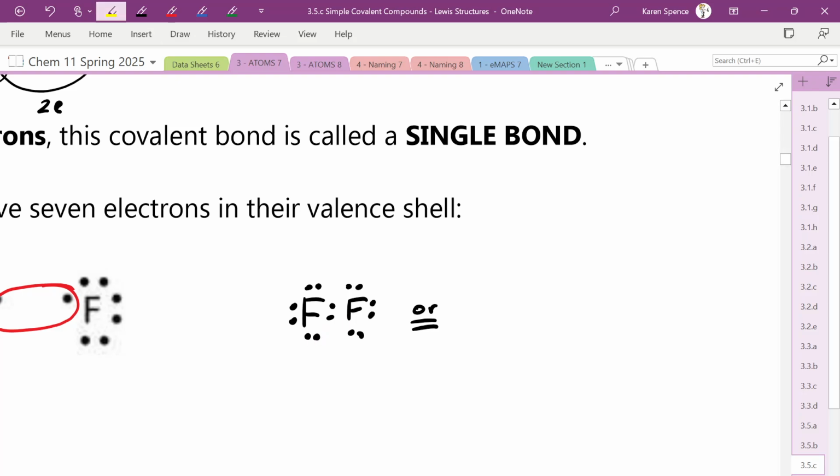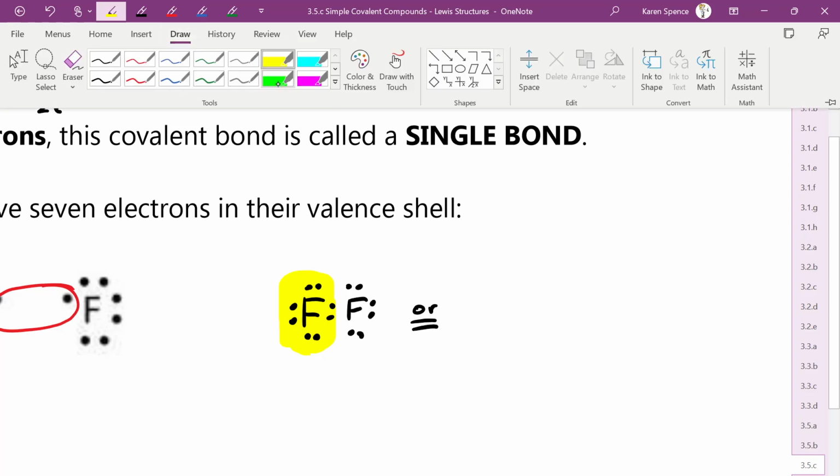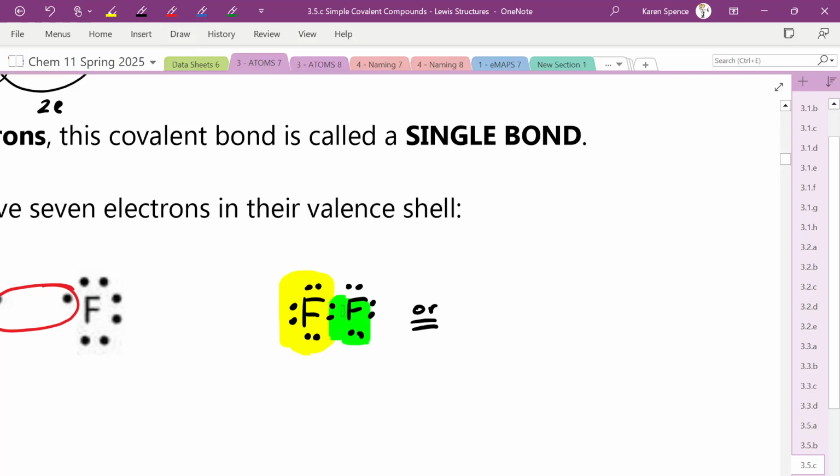So I might look at this and go, okay, this fluorine has 8 electrons now, right? 2, 4, 6, 8. And this fluorine over here has 2, 4, 6, 8. Because that pair in the middle belongs to both of them.